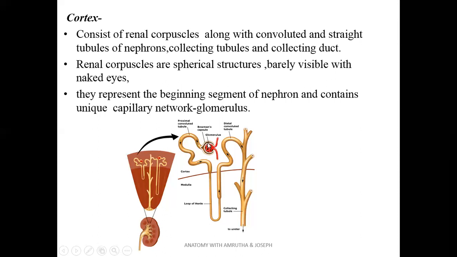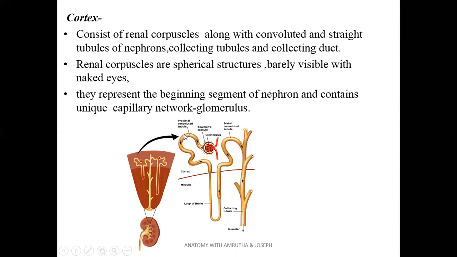The nephron has a cup-like structure here called Bowman's capsule, inside which there is the glomerulus. These are capillary networks of the blood vessels which are entering into, I'm sorry, entering into the Bowman's capsule, forming the glomerulus.